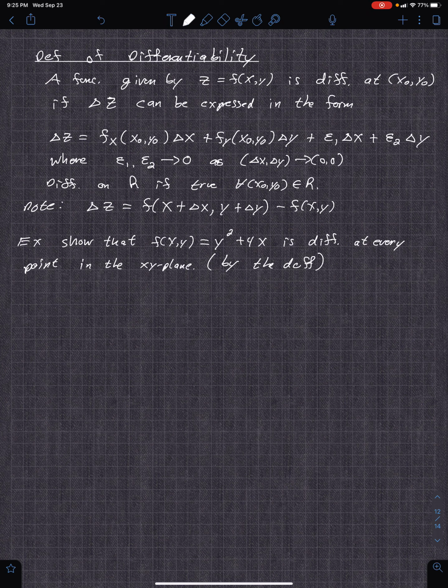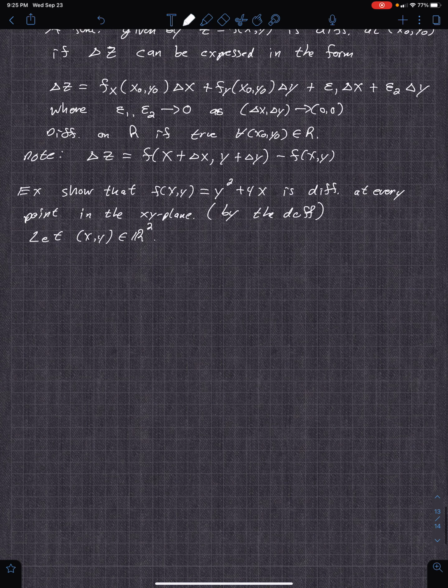So to get started, to show this is true for every point in the plane, we want to place those in the plane. So first we're going to say let x, y be in R2. So we're going to basically assume that x, y is any point in the plane. It's arbitrary in the plane. So then everything we do is in the plane.